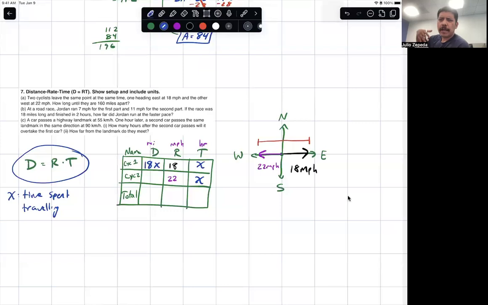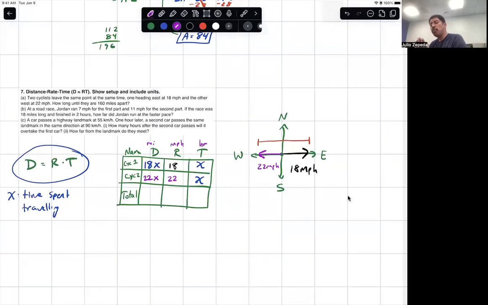And just remember, if I asked you how long will this 18 mile per hour cyclist travel in 2 hours, you'd probably say 36 miles. How about in 4 hours? Well, it'd be 18 times 4. So in X hours, it should be 18 times X. Similarly, the cyclist traveling 22 miles per hour for X hours will reach a distance of 22X miles.